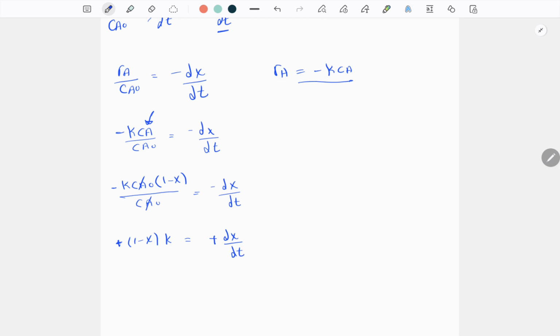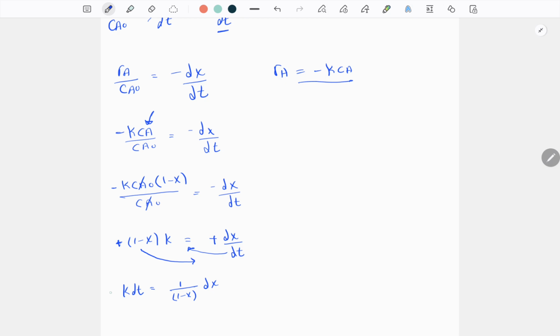We can also eliminate the negative from both sides. Okay, now we need to rearrange this equation to have the like terms on one side. So we'll move this to the right side and the dt to the left side. Therefore, we'll be left with k dt equals 1 over 1 minus x dx.